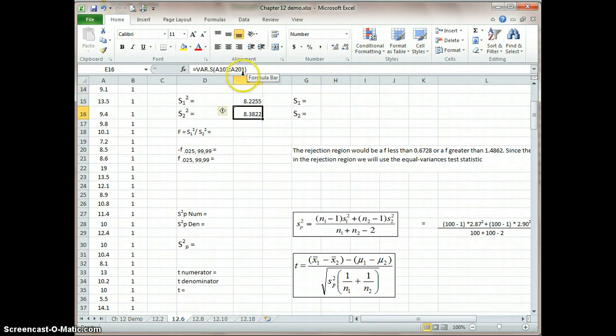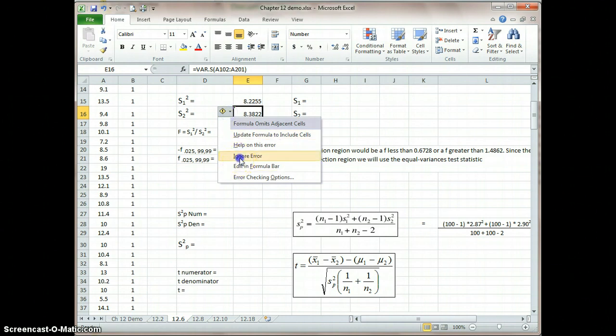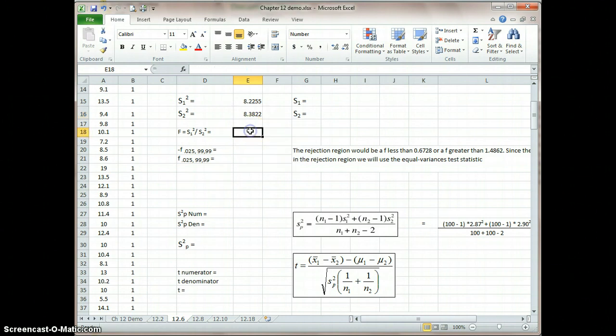In that case, it's 8.3822. And again, we just want to ignore because it's not really an error. And again, we've got the 100 in there.